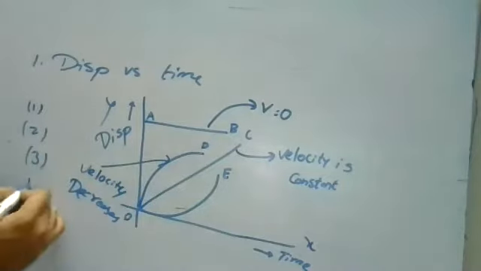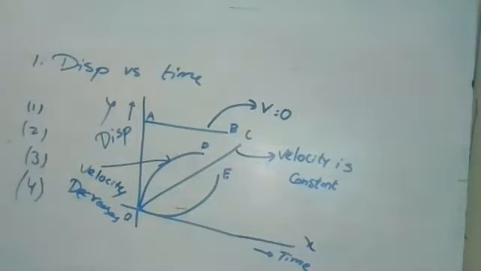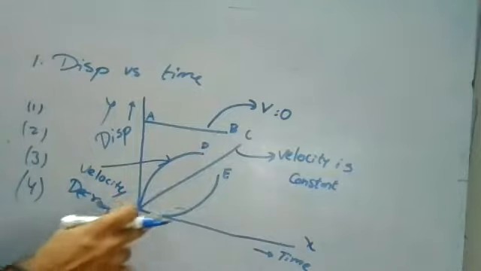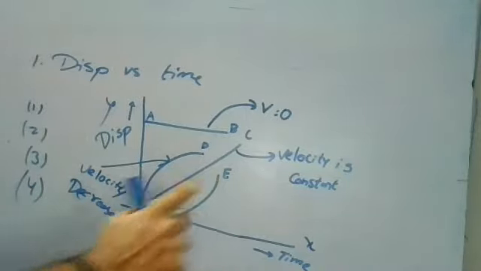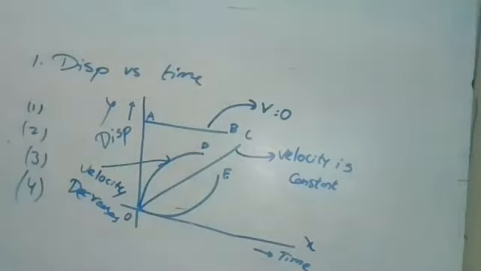And the fourth point. If the graph obtained is a curve OE, whose slope increases with time, the velocity goes on increasing.